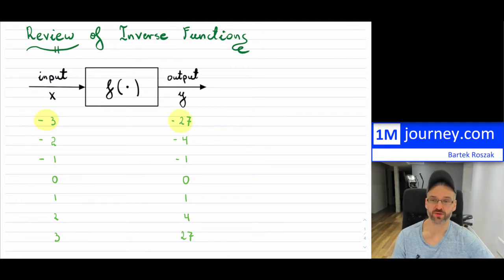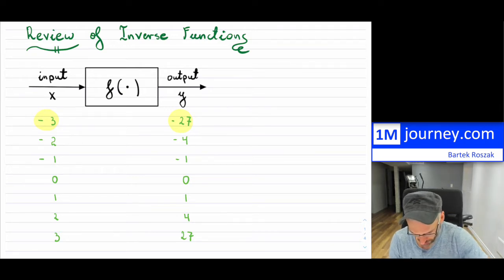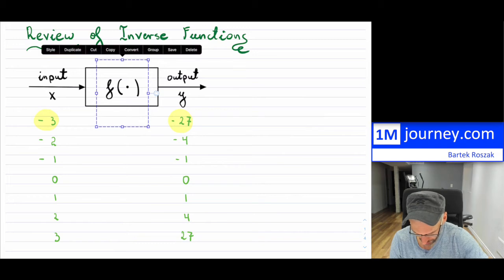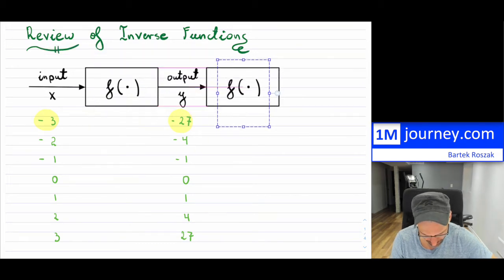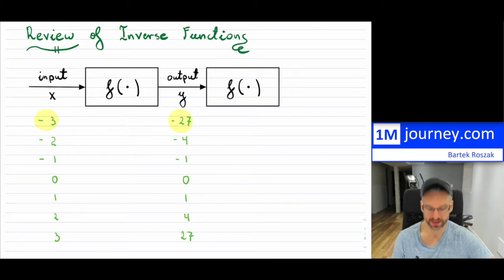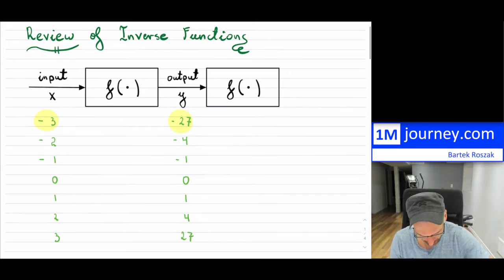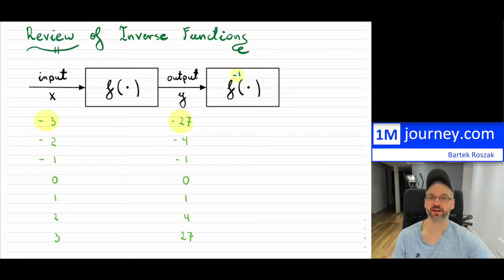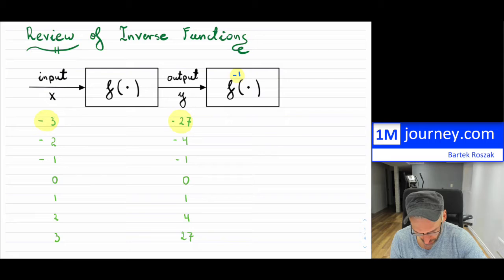With the inverse, I'm going to duplicate this, and we want to take the output, the -27, and then I'm going to put -1. This -1 on the function designates that we're talking about the inverse. We're trying to reverse the process.